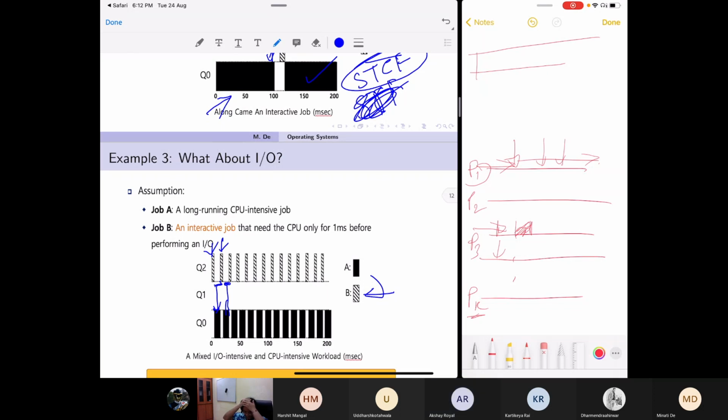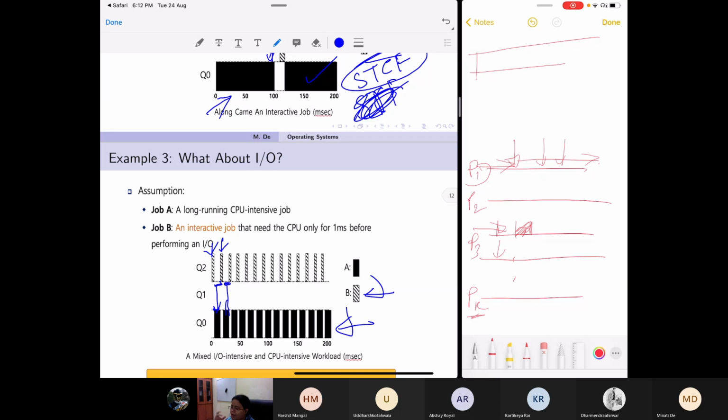If I understood your question correctly, you are asking how this relinquishing happens automatically, even though the job is not completing. That's a good question. If you remember, in the last class we discussed context switches between processes. Whenever some job is going to have some IO, there is an interrupt, and that interrupt is taken care of by the scheduler.